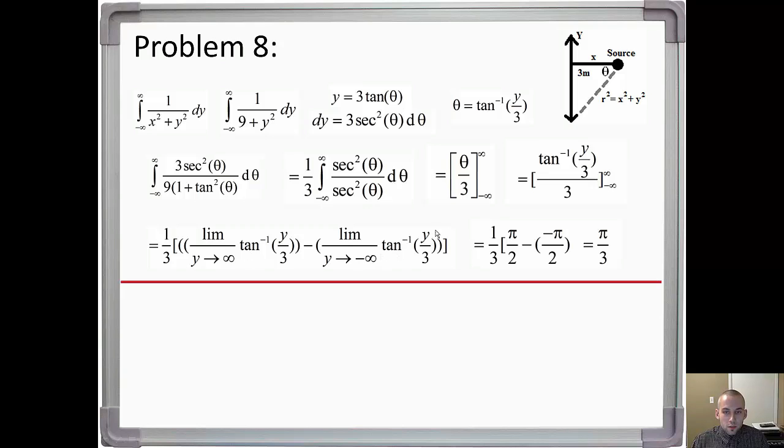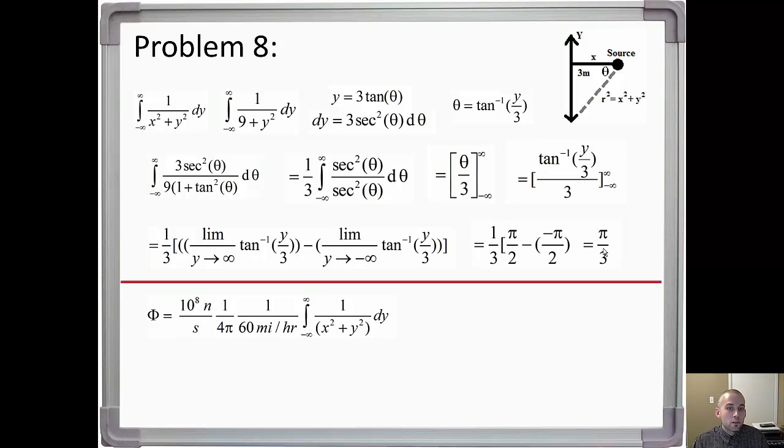And from negative infinity it is equal to negative pi over 2. So the answer is pi, and with the 1 over 3, we end up getting pi over 3. So we now know that the integral of 1 over x squared plus y squared dy is equal to pi over 3. Now we can sub everything in and solve.